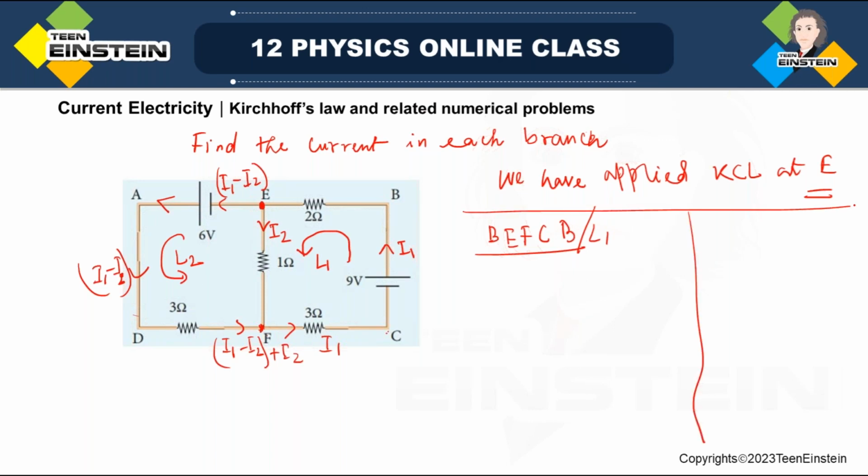So loop 2 is going from E to A to D, D to F, and coming back to E. This is another closed loop. So here we have to apply KVL to find out two current-voltage relationships.